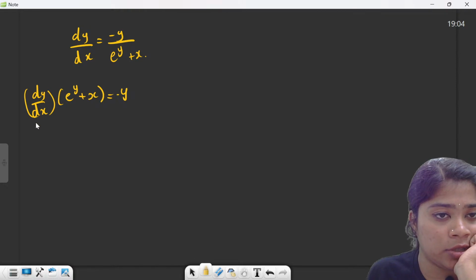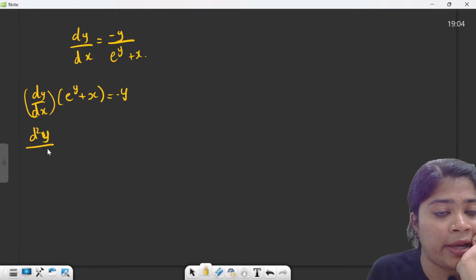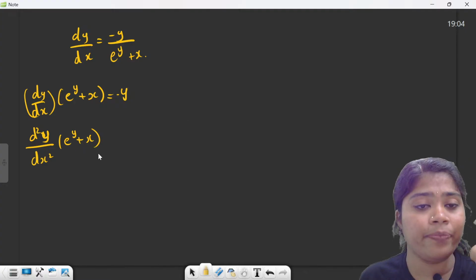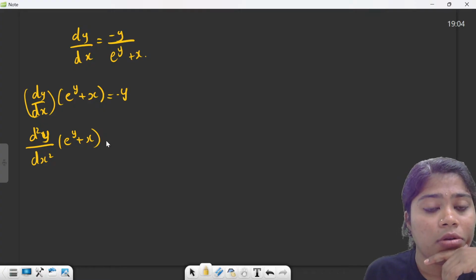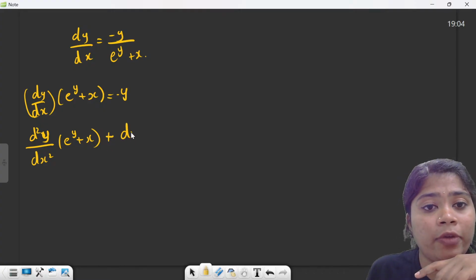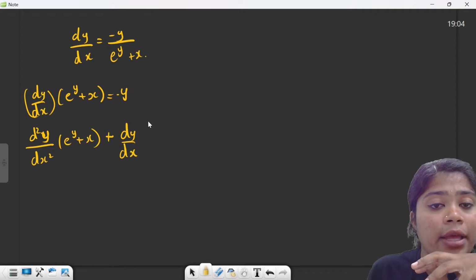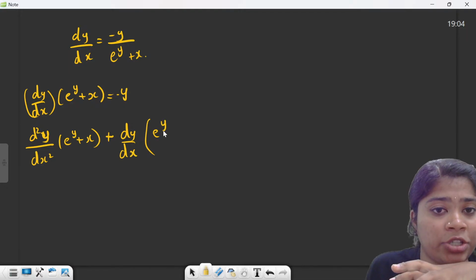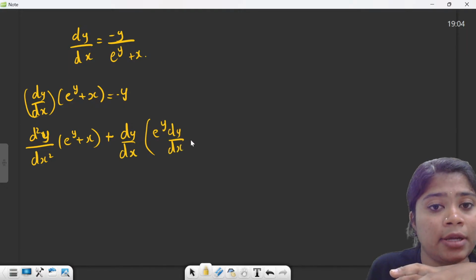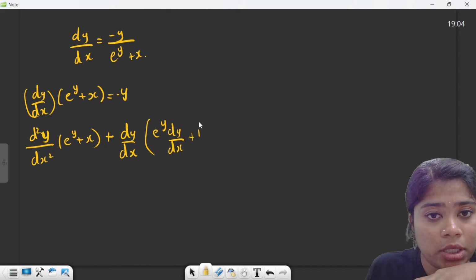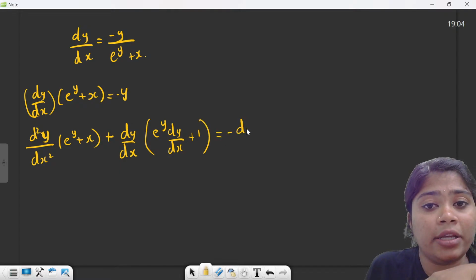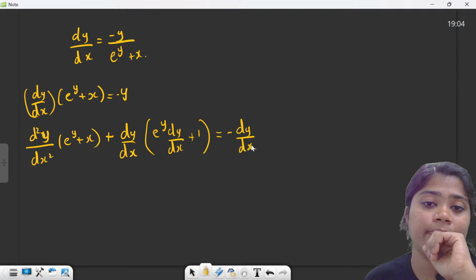U differentiation: d square y by dx square, and e power y plus x will remain as it is. Plus dy by dx into, here e power y differentiation gives dy by dx plus 1, is equal to minus dy by dx.